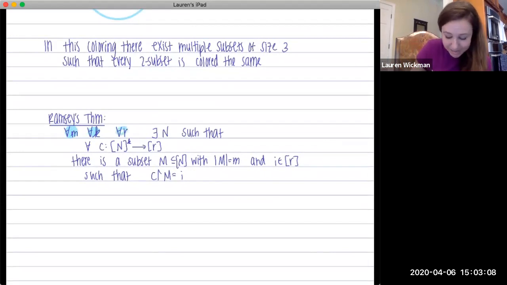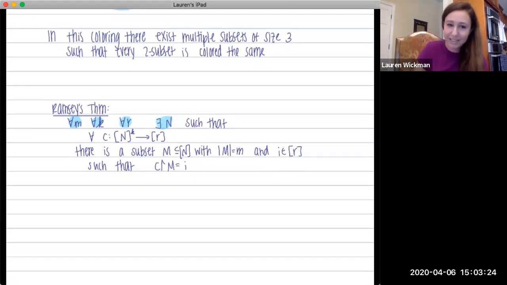And no matter how many colors we use, so we just used 2 colors, but we could have used 3 colors and we could have used 4 colors. Ramsey's theorem is saying no matter how big each of those are, there's always going to exist a big enough n such that for every coloring, there is a monochromatic subset of size m.